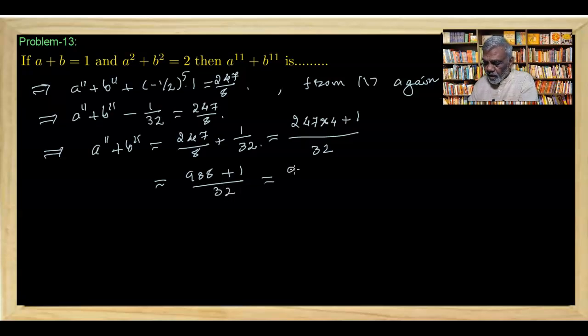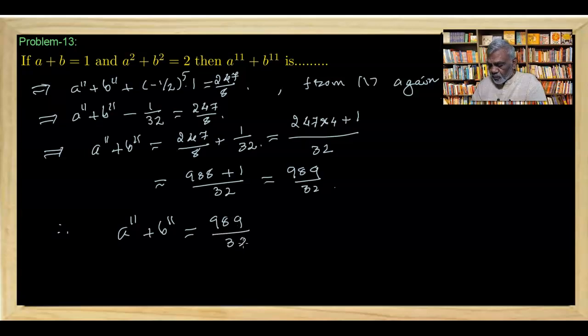This is equal to 989 by 32, and therefore a raised to 11 plus b raised to 11 equals 989 by 32. This is the solution for the problem. This is the answer for the problem.